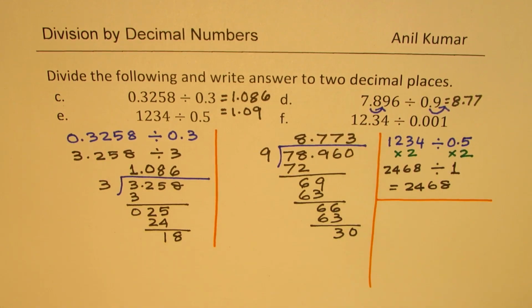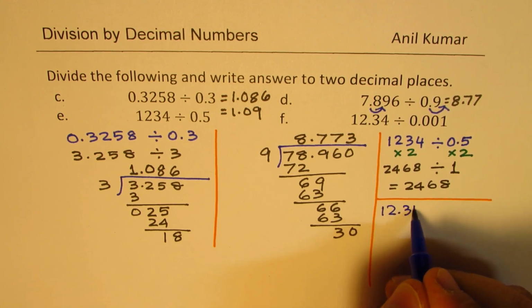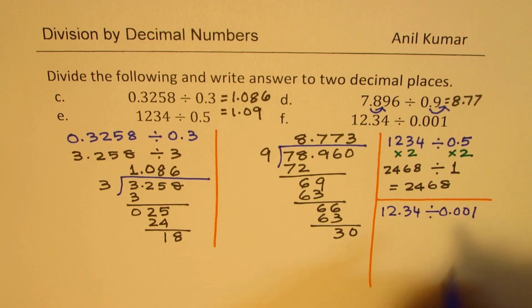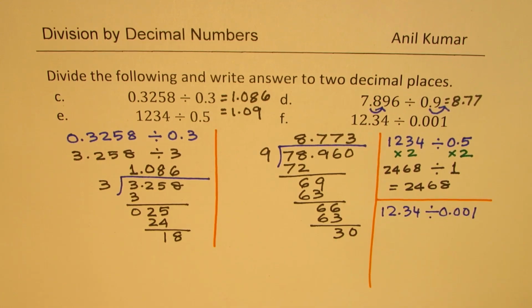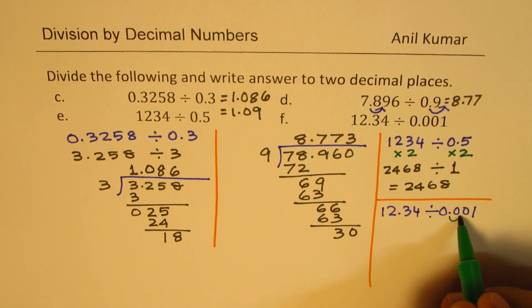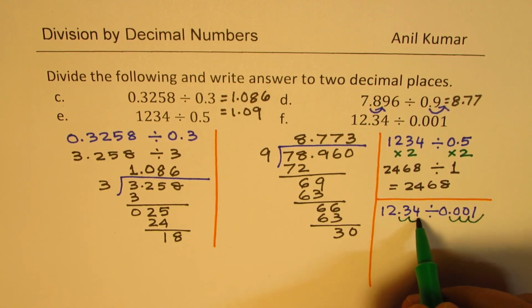The last one here is we need to divide 12.34 by 0.001. So that basically means that the place value has to be changed. To make this as a whole number, we have to move this to 3 decimal places, right? To the right. So if you do the same here, what do you get?